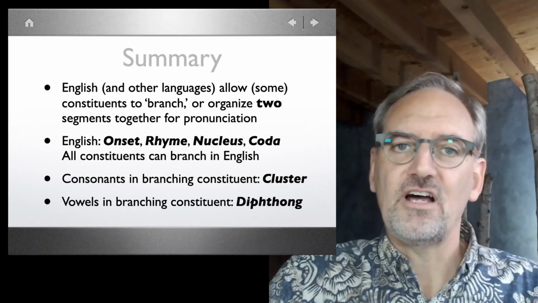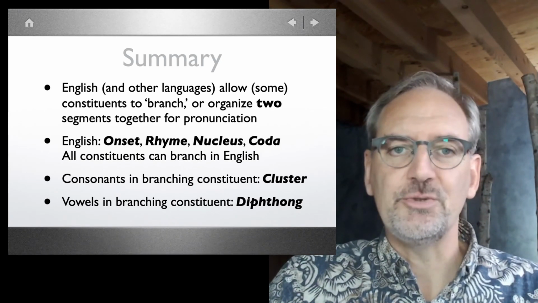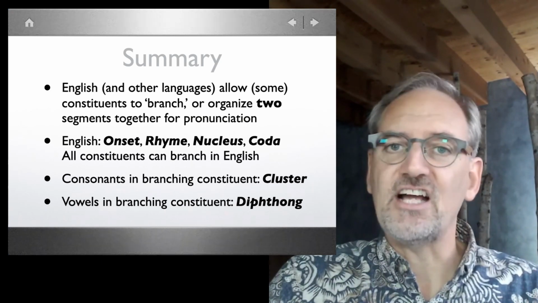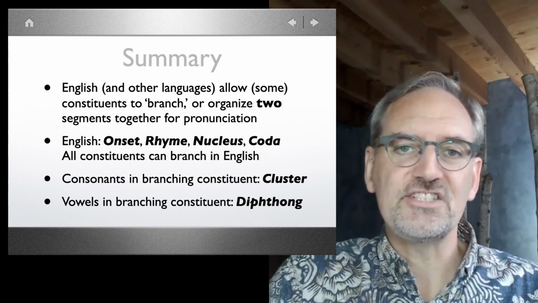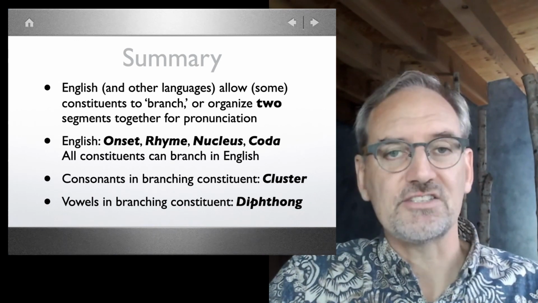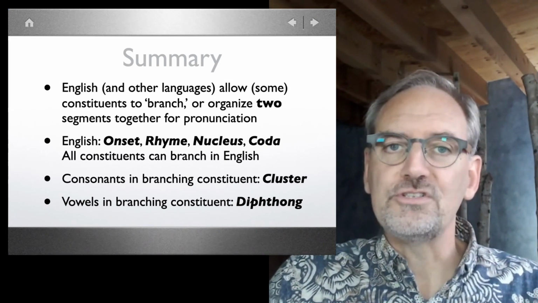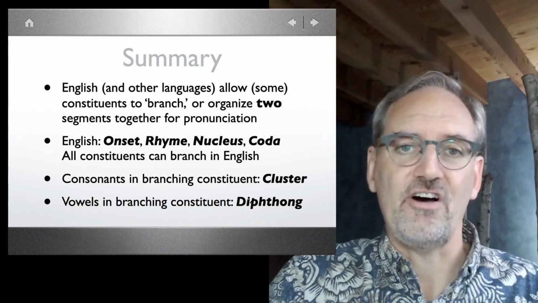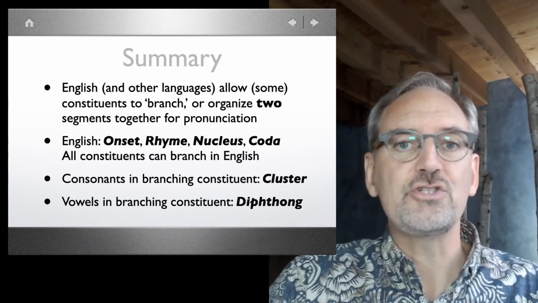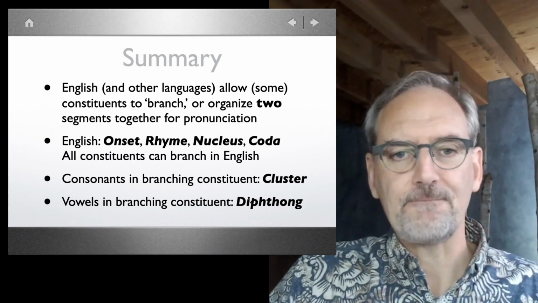When the consonants appear in branching constituents, we refer to that as a consonant cluster, or simply a cluster, an onset cluster or a coda cluster. When there are vowels together in a branching nucleus, then they form a diphthong. Well, they're a diphthong if they are two different vowels.